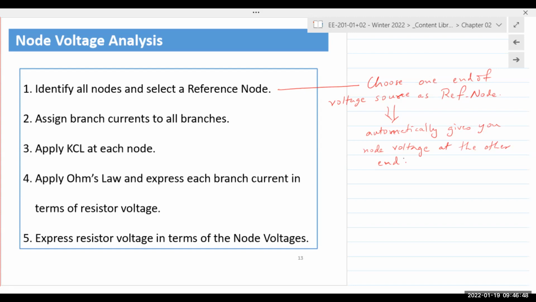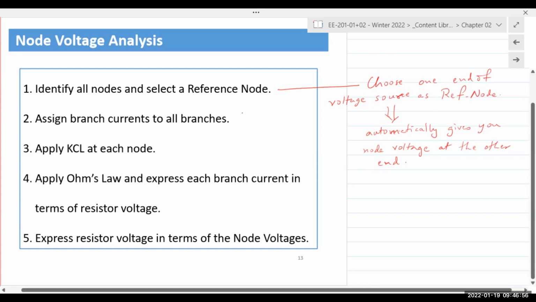So the first thing to do is to choose a reference node in the circuit, and you assign branch currents to all the branches, assuming a direction. It doesn't matter what the direction is, as long as it makes logical sense.